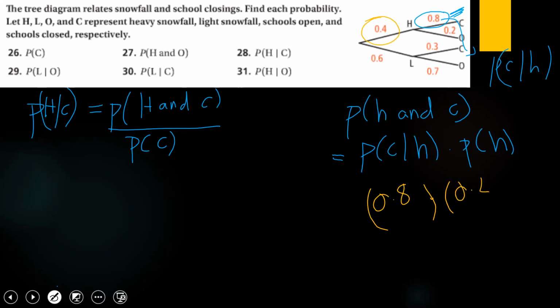It is 0.4. Then 0.8 times 0.4, which is 0.32, is the probability of H and C.